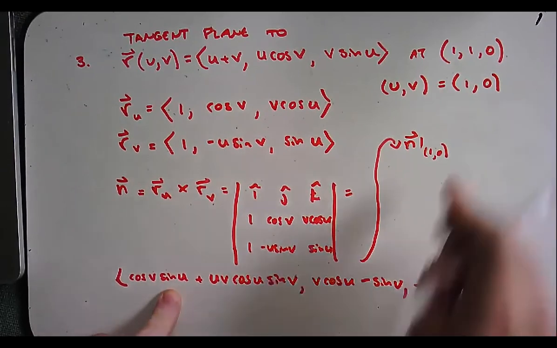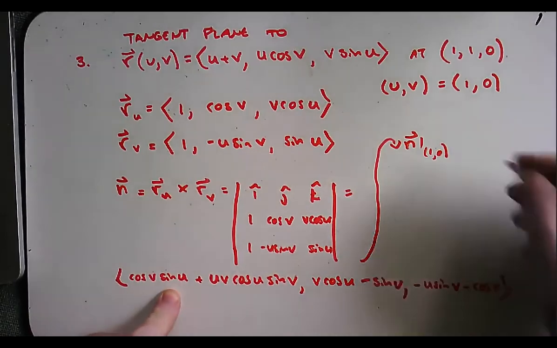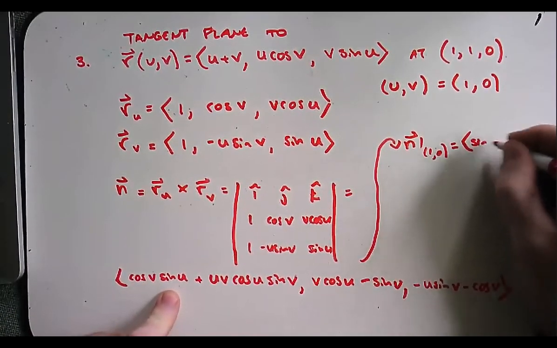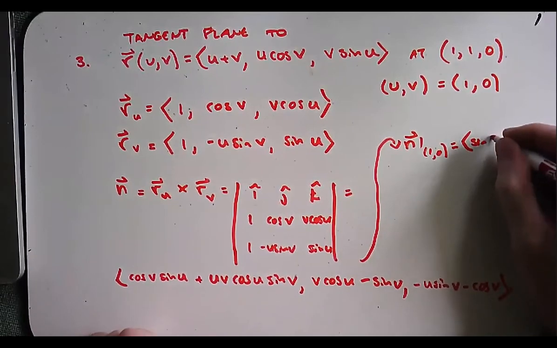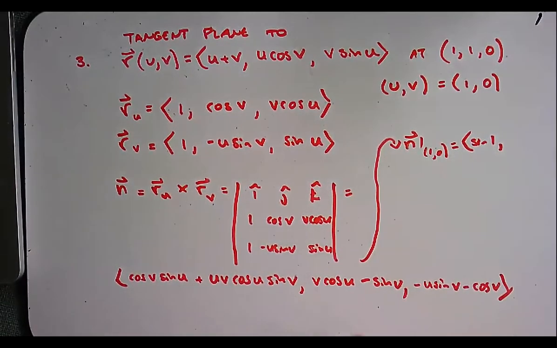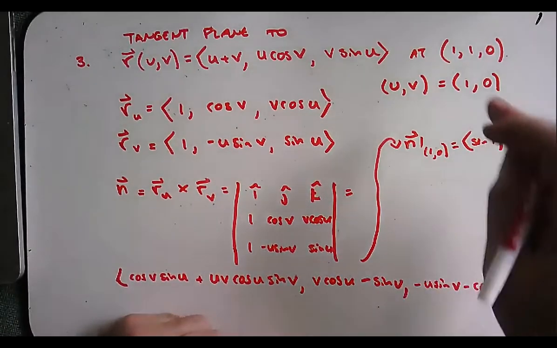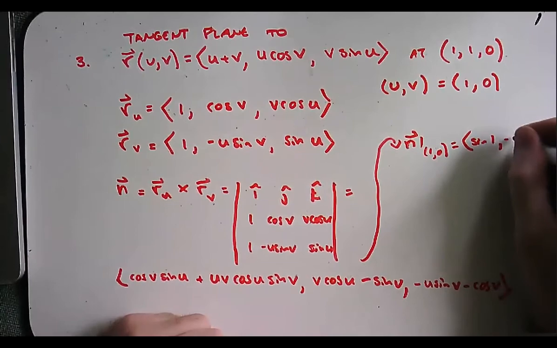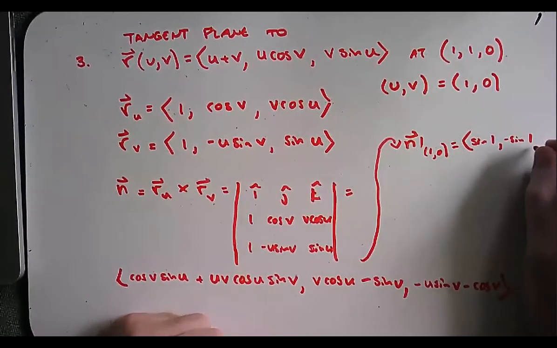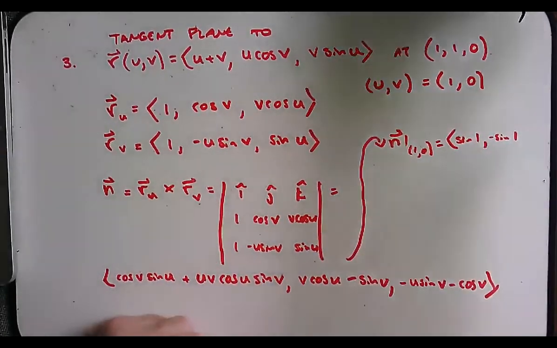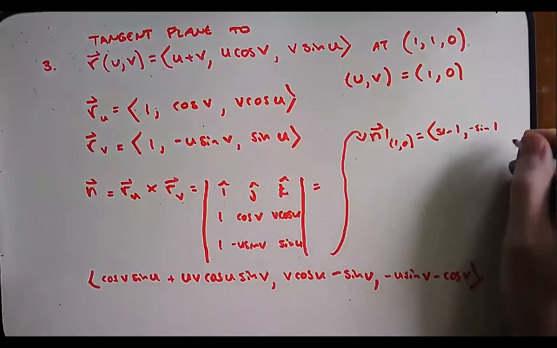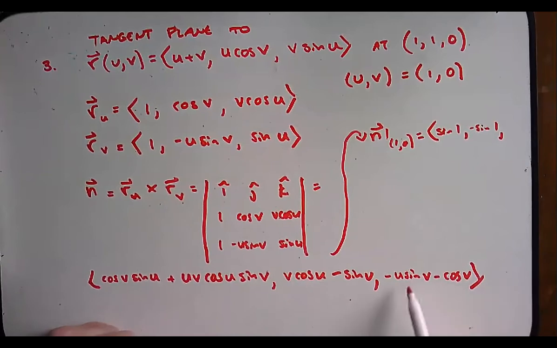We also have u and v. So anytime we see a v, that whole term is going to cancel here. So our vector then, the x component will be sine 1. And let's see here. So v cosine u, v is 0, so that'll go away. We have negative sine u, so negative sine 1. Sorry, I'm running out of space here. I'm going to move the camera over just a little bit. There we go. And then finally, our z component, we have negative u sine v.